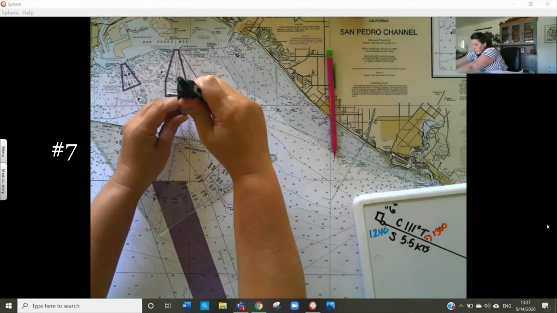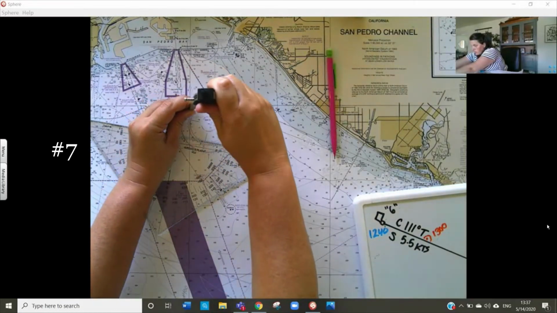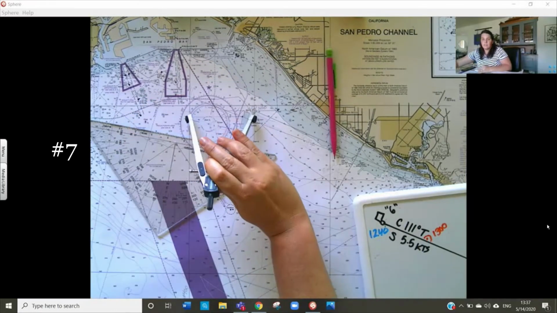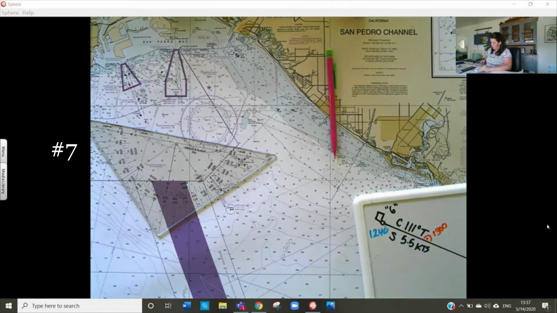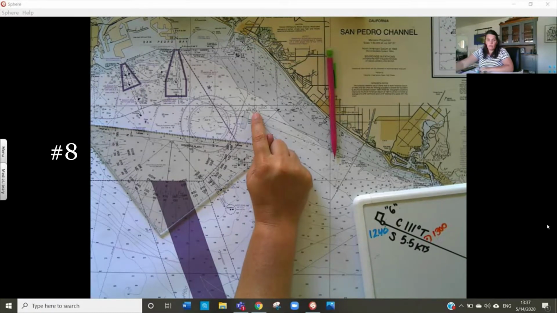And our longitude of just past the 5, so we have 5.4, 118 degrees 5.4 minutes west for our longitude. So that's our actual 1400 position.